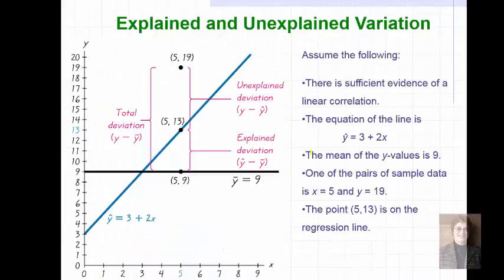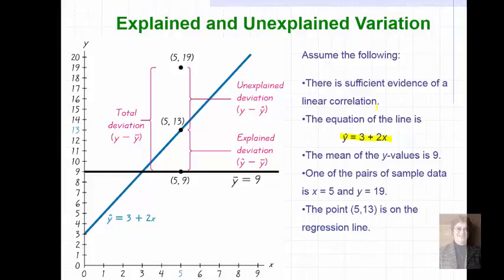This is a pretend line of least squares regression right here. It says our y-intercept is 3, our slope of our line is 2, and the blue is our line of least squares regression.